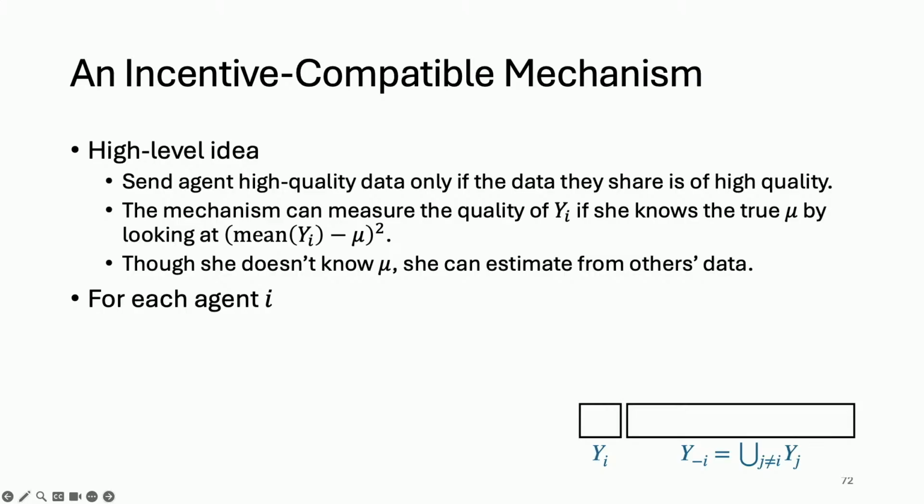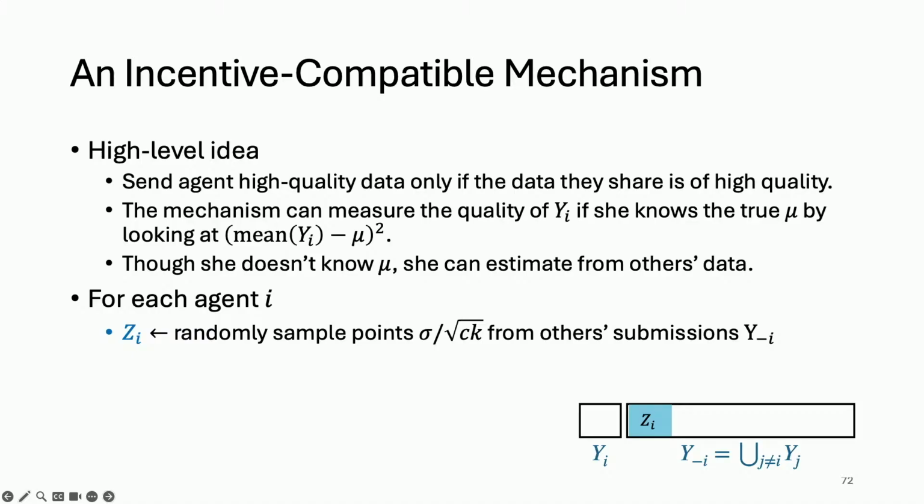So the mechanism they propose is, for every agent i, they look at the data shared by other people, not agent i, and they first randomly sample sigma divided by C times K, this amount of data, from all the other submissions.